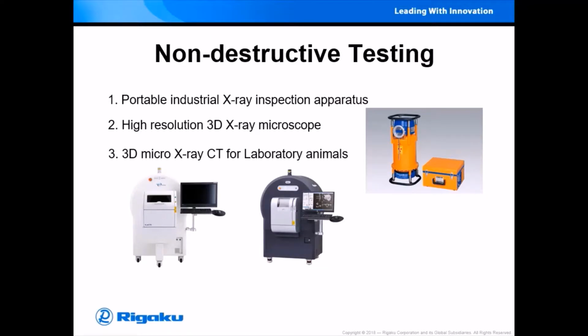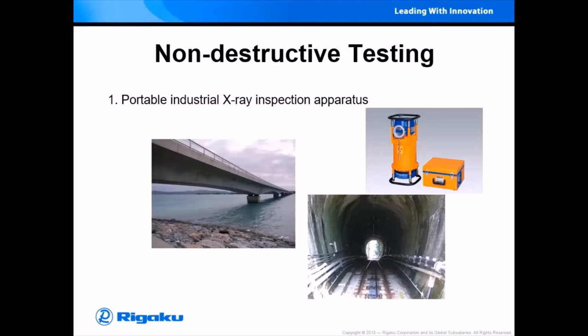There are mainly 3 types of machines for X-ray non-destructive testing: portable industrial X-ray inspection apparatus, high-resolution 3D X-ray microscope, and 3D micro X-ray CT for laboratory animals. The portable industrial X-ray inspection apparatus can be used to find defects inside buildings, bridges, tunnels, oil and gas pipes and other structures.